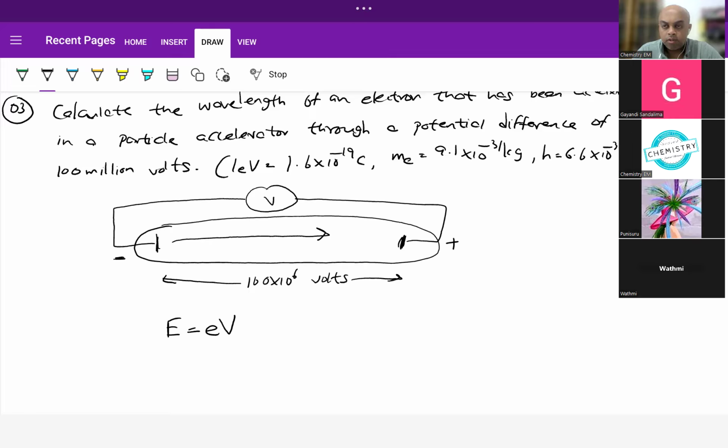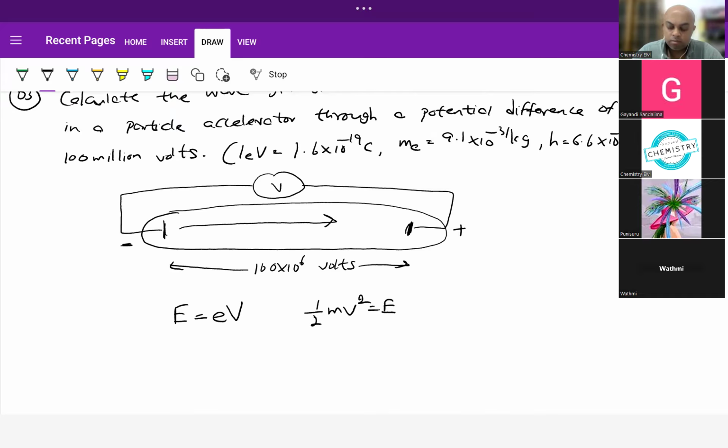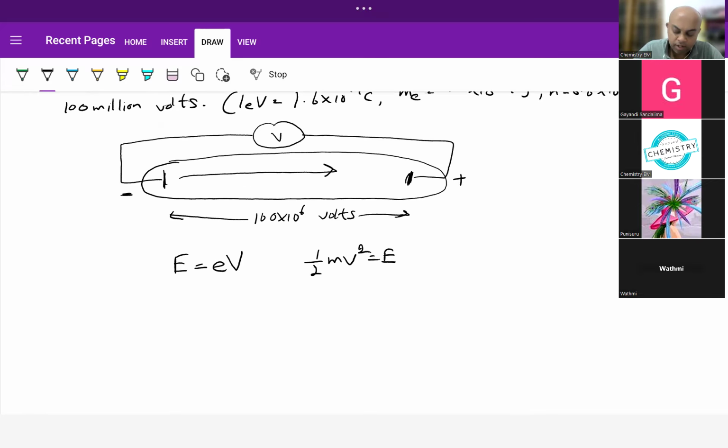So we can write the kinetic energy as half mv squared, right? This is also an energy. We can assume the energy exerted from the voltage is converted 100% into the kinetic energy. So we can write it as half mv squared is equal to eV.